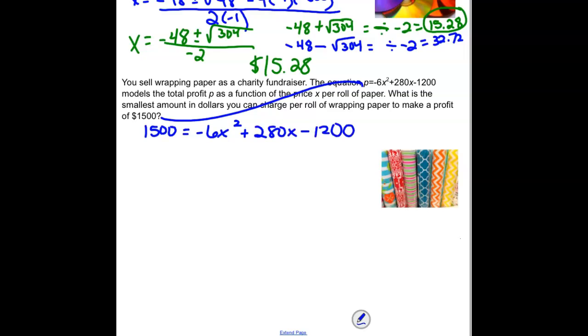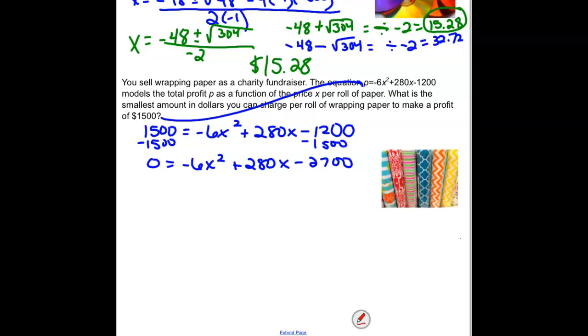So we're going to plug our $1,500 in there for our profit. And then we want to get one side equal to 0, so we're going to subtract our 1,500. So we have 0 equals negative 6x squared plus 280x minus 2700.